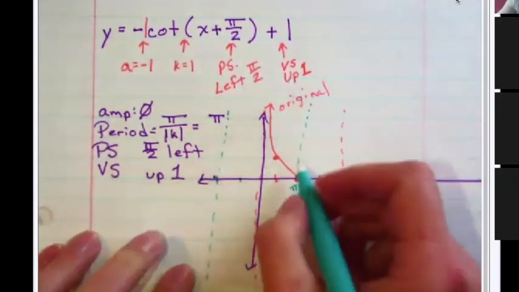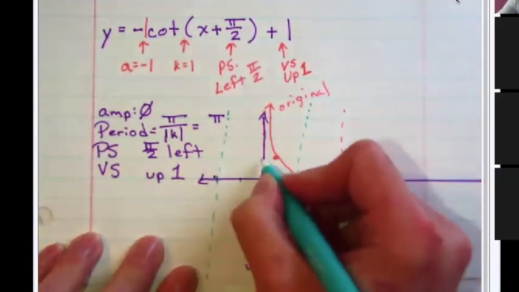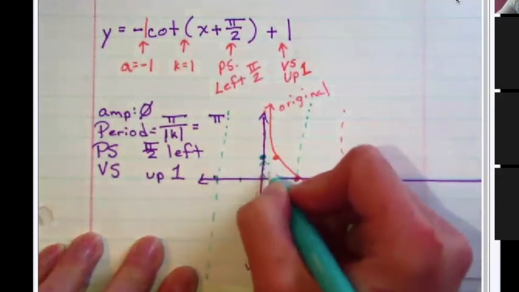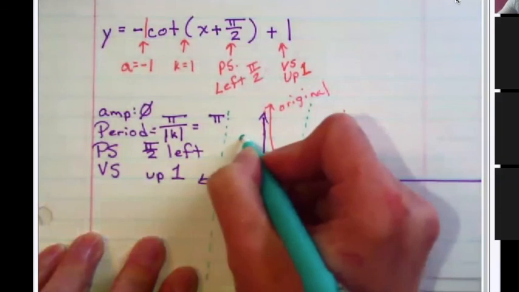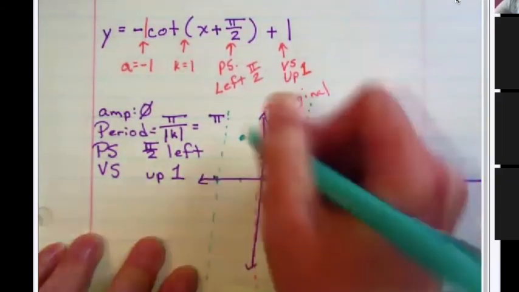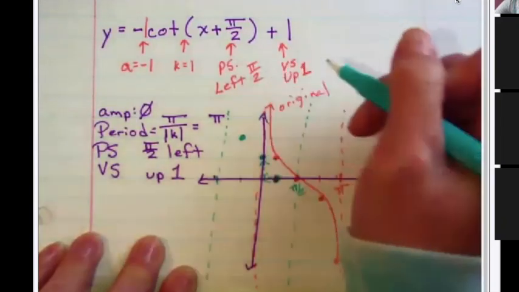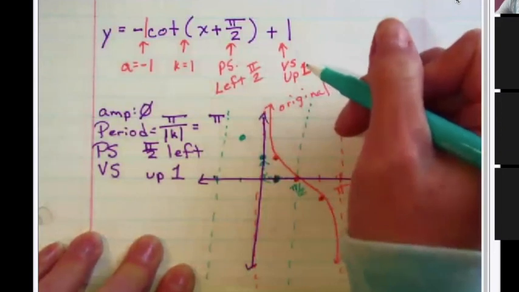So if I move to the left half a pi, that puts me at 0, and then up 1, this point has moved here. This point's going to move half a pi and up. This point's going to move half a pi and up. So this is what it looks like now, but now I have to flip it around.